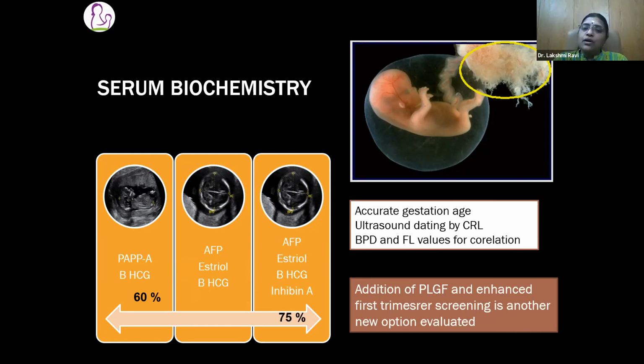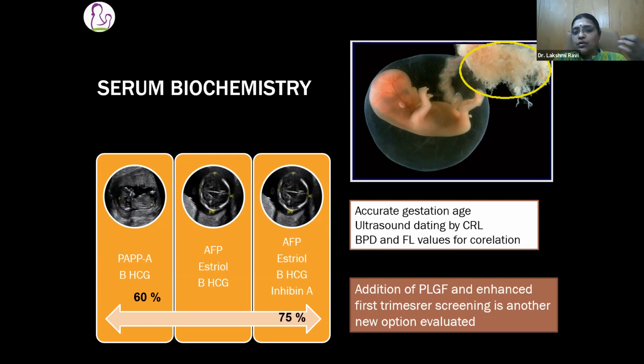The MoMs actually differ according to the gestation age. So that means you do a quadruple screening test, but there is a difference between the LMP date and the ultrasound date. That means if the BPD and the FL values are not correctly entered, then there is a high possibility that the quadruple screening test may go wrong.